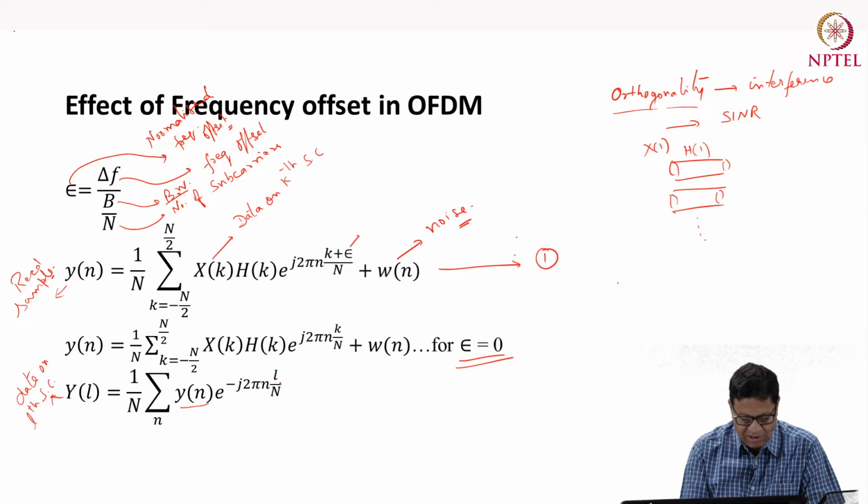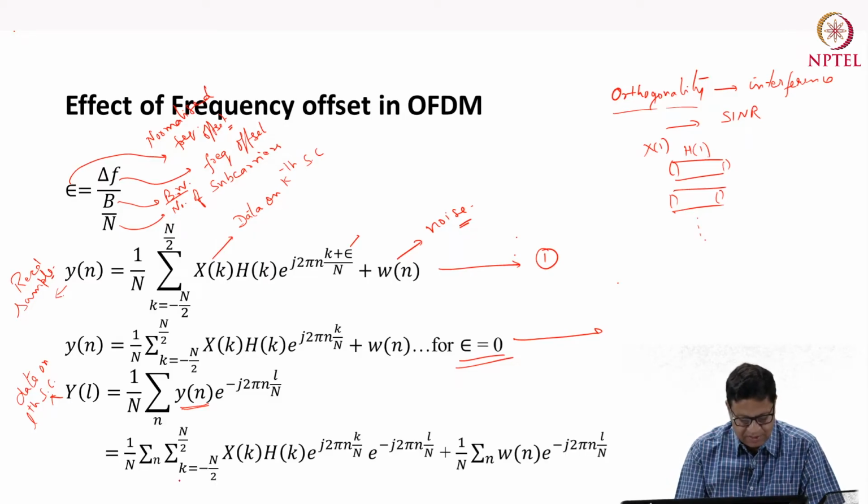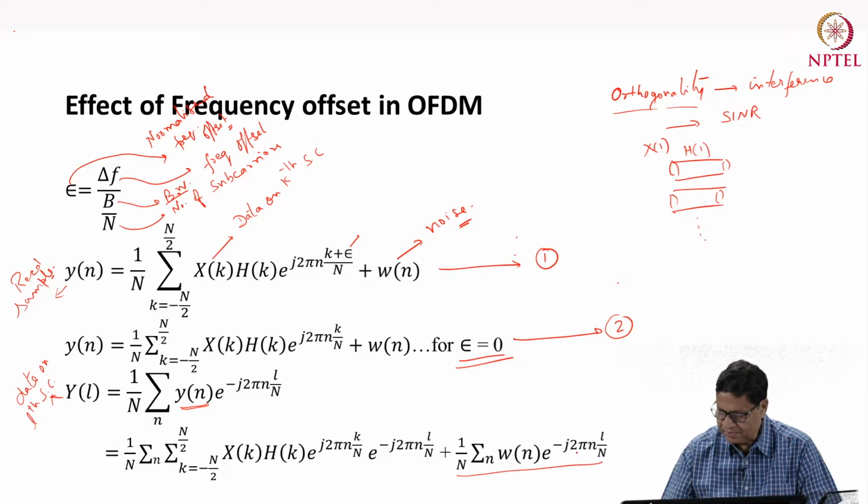So let us now put the value of yn from equation number 2 into the equation for capital YL. So this becomes 1 by N, the two summations over n and over subcarriers, of xk into e raised to j 2 pi n k by N into e minus j 2 pi n L by N plus the noise term.